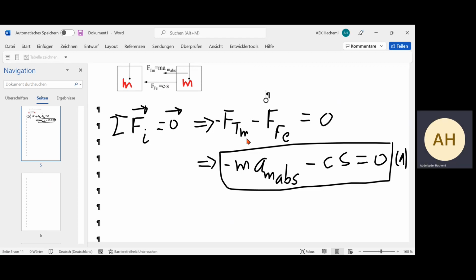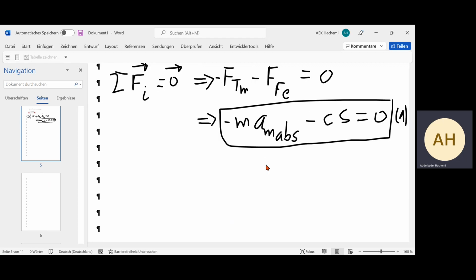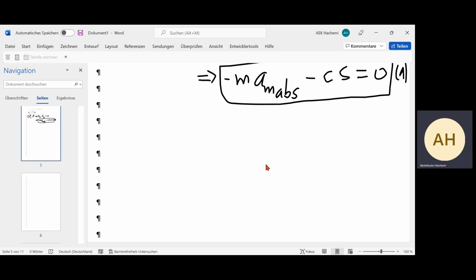Now, S is unknown, of course. The absolute acceleration of the mass m here is also unknown. Then we have to determine it.